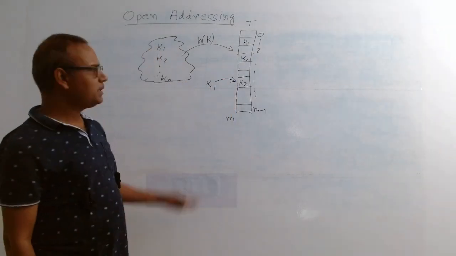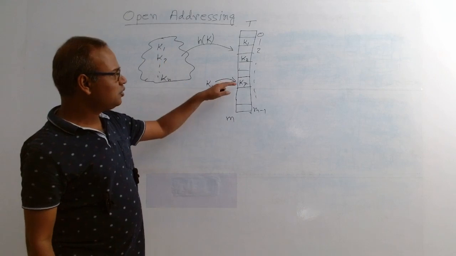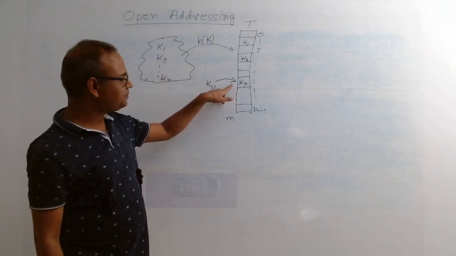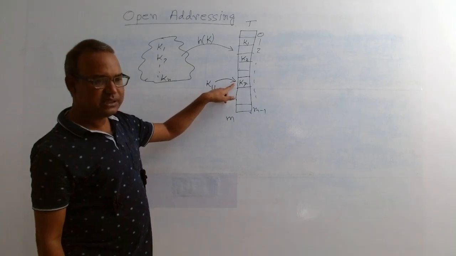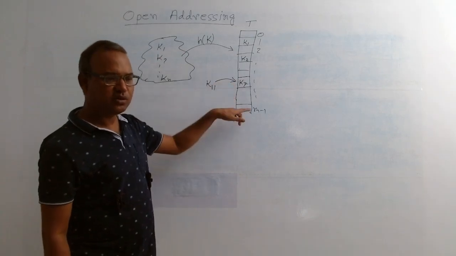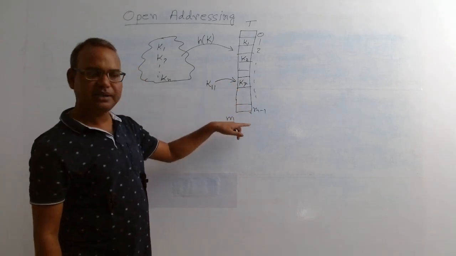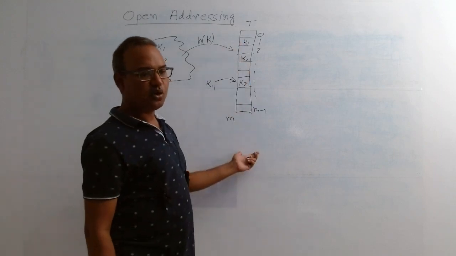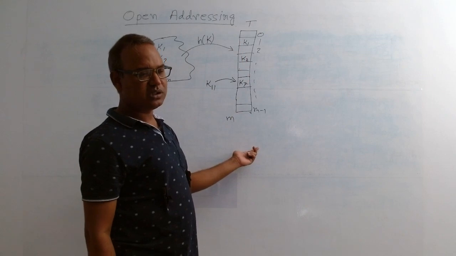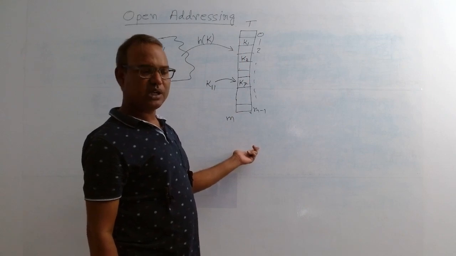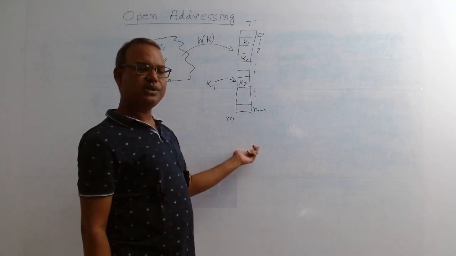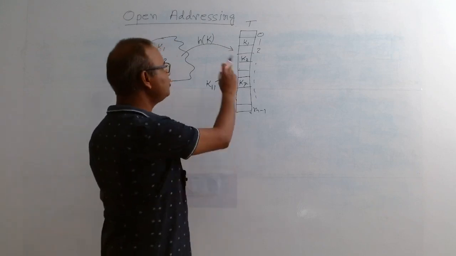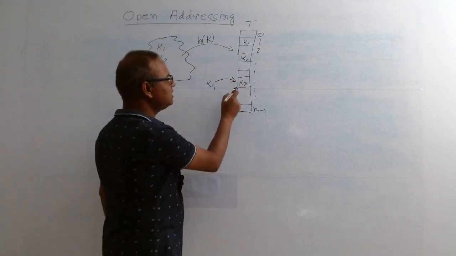So open addressing says, if there is a collision, then we can insert it in some other location where the table is empty, because the table size is already bigger than n. Not all the position slots can be occupied, so there must be some open position.